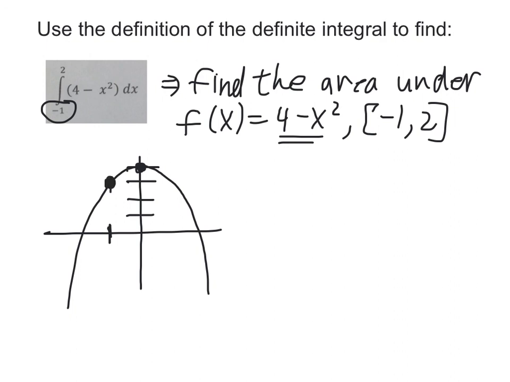And graphically, we're going to be finding the area from this over to where x equals 2. What's f of 2? Okay, 0. So we end up right here. So calculating this definite integral is the same as finding the area of this region.